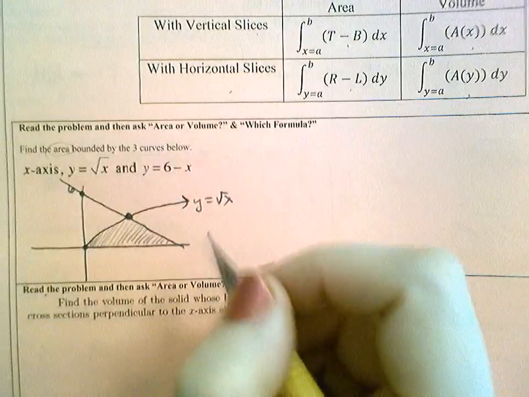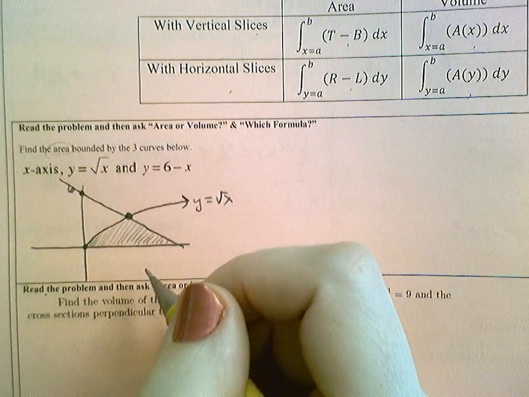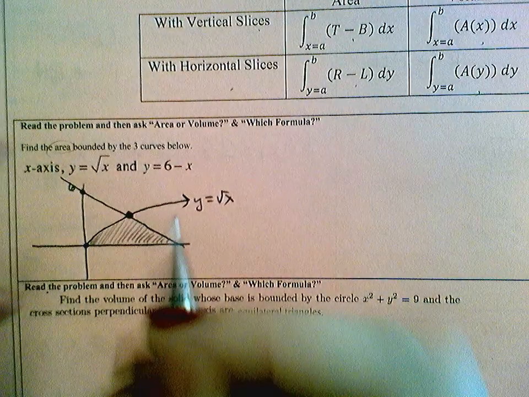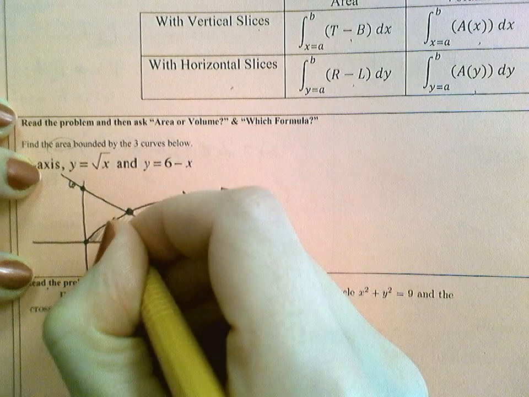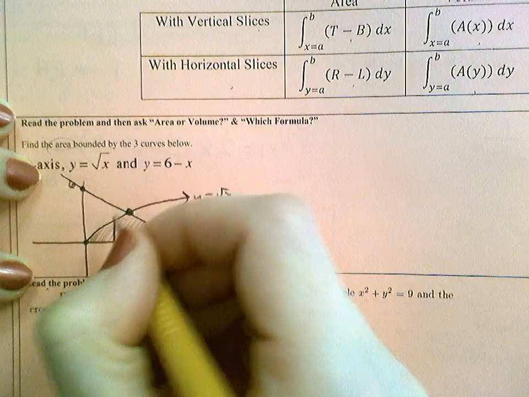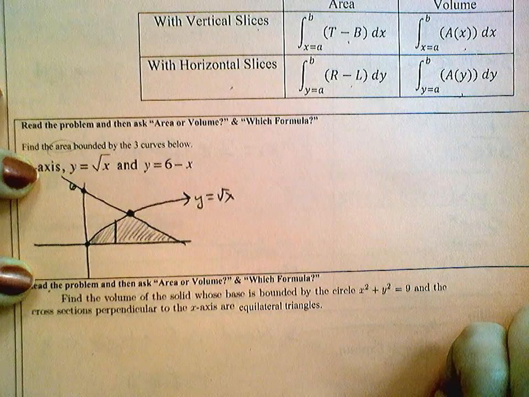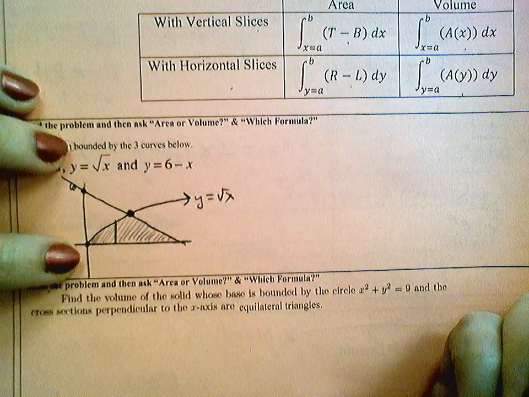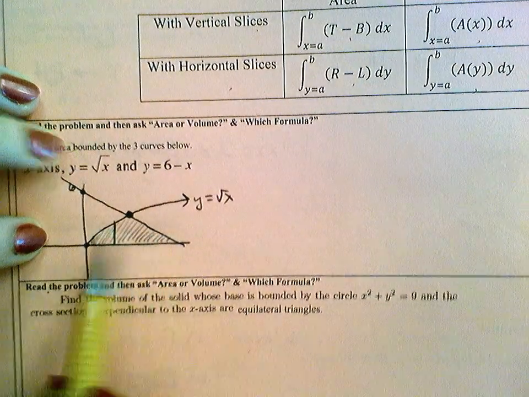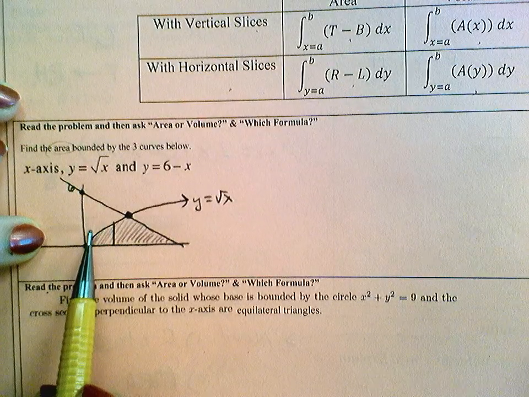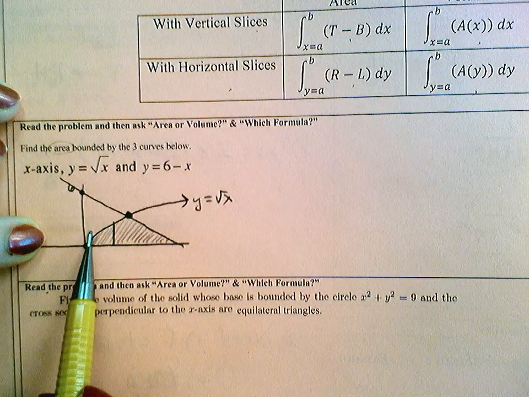Okay, and guys, you're going to do top minus bottom, but notice you could do right minus left, actually. That would work also. That'd be kind of nice. If you did right minus left, you would just need one integral.